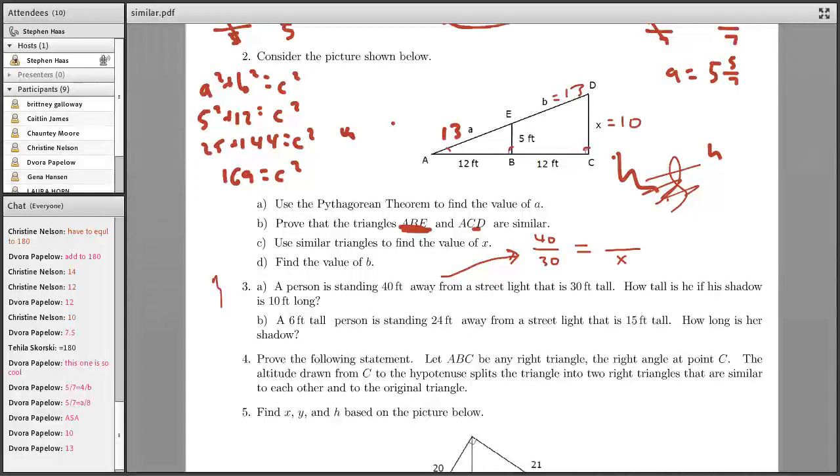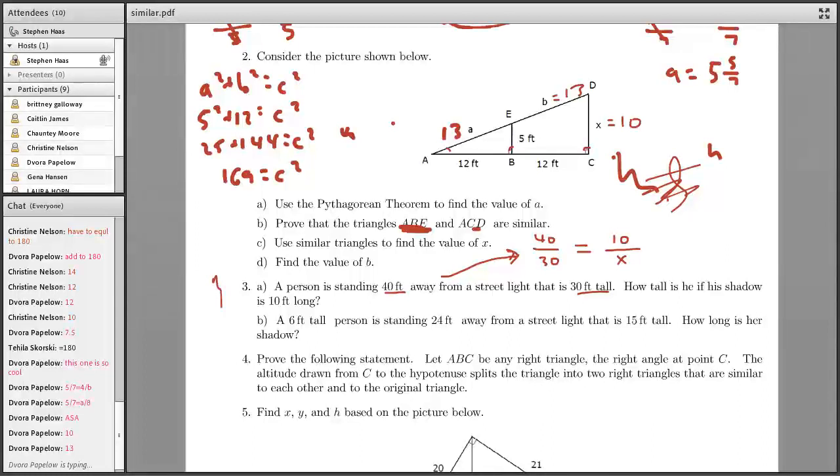And for the away part, that's really the long part, we'll use 10. See why we established that ratio? This was the length to height ratio, 40 to 30. So for the person, it's the same thing. The length to height ratio is 10 to x. So now we can simply cross multiply.